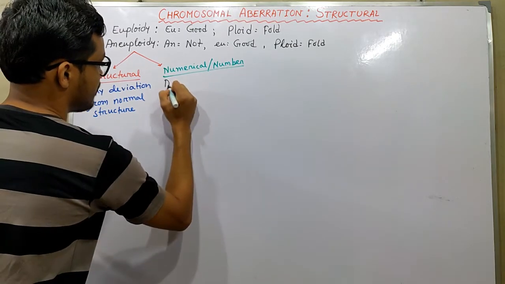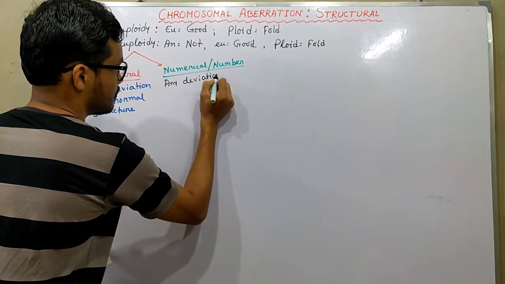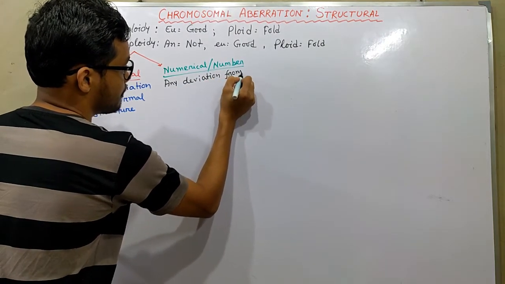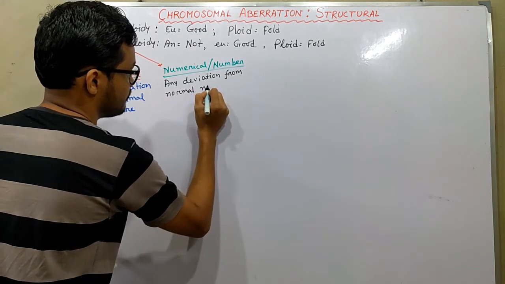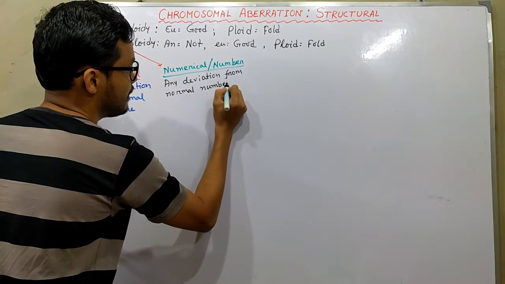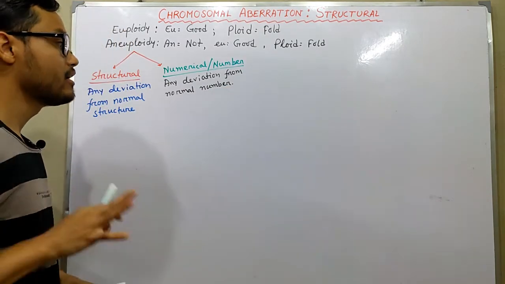Numerical stands for any deviation from the normal number, that means the normal number of chromosomes that should be present inside a cell.